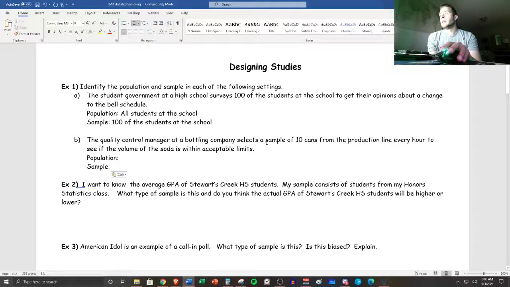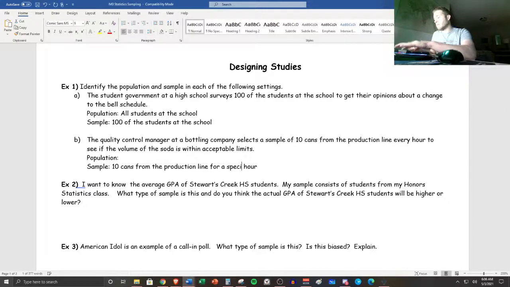So it's pretty easy to know that the sample is 10 cans from the production line for a given hour, right? It's not just 10 cans for the day. It's very specific, so I'll say 10 cans from the production line for a specific hour.